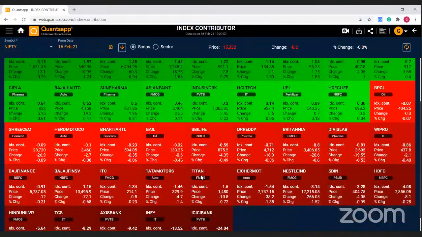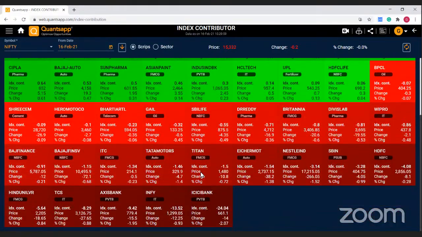And if you look at red, it tells me this stock is in a negative tone, the stock had a decline on the particular day, and it's contributing negatively to the index. So this is the point you should look at.